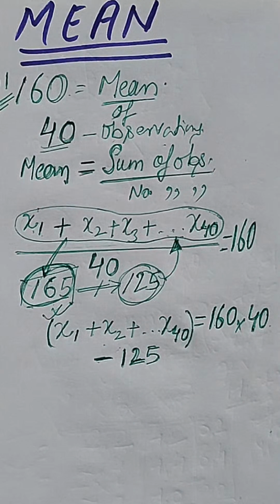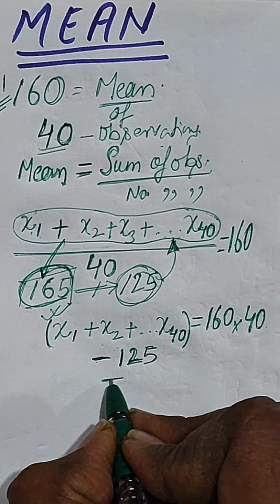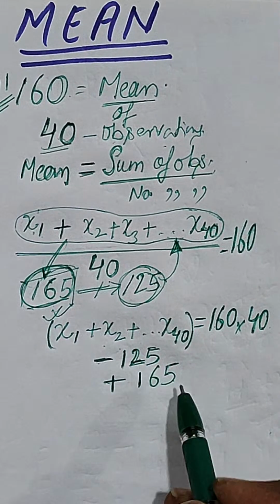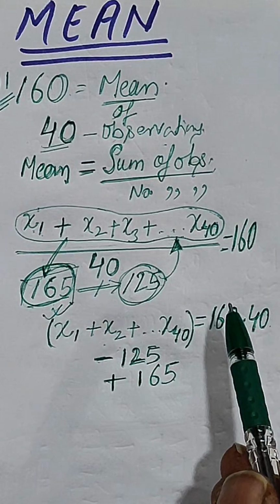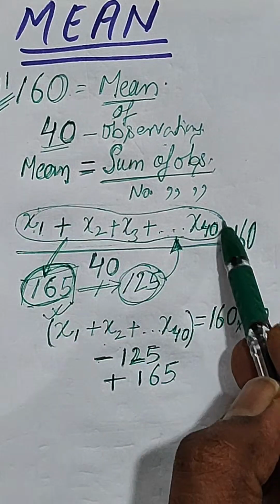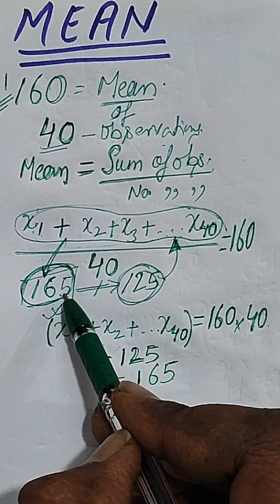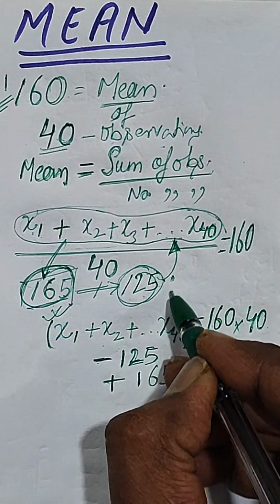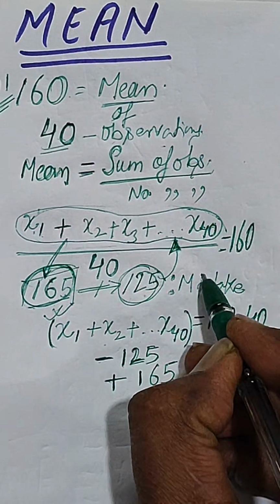We will add 165 because it has been given in the question that on rechecking, out of these 40 observations, one observation is 165, which was wrongly copied as 125. This is the mistake performed in doing the calculation, right?